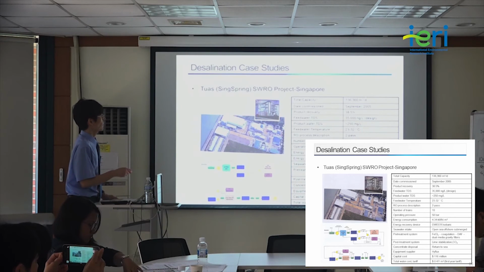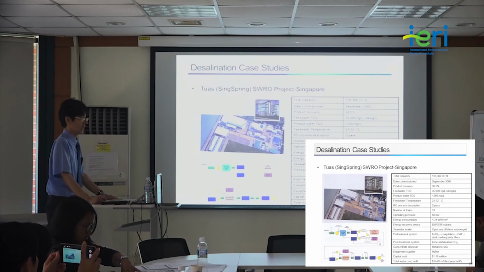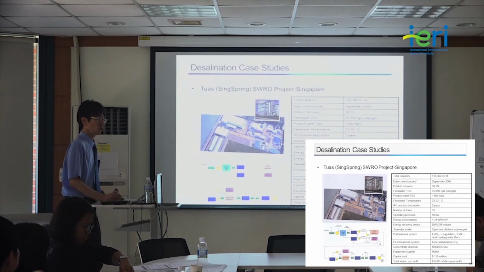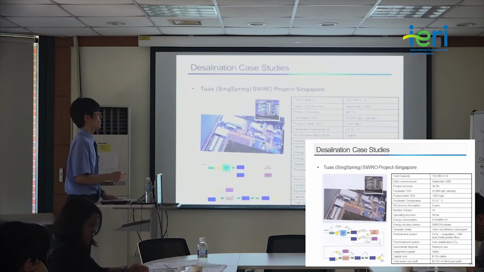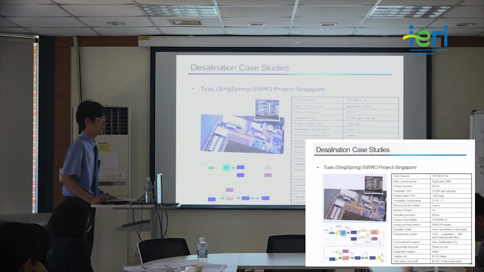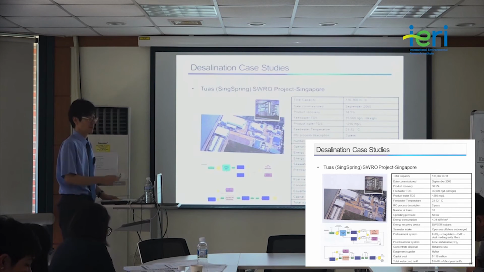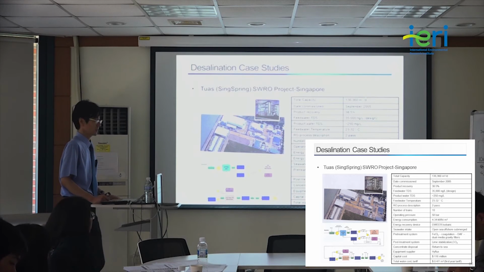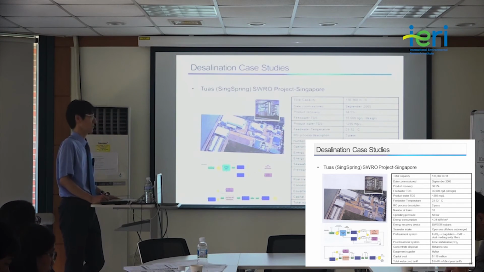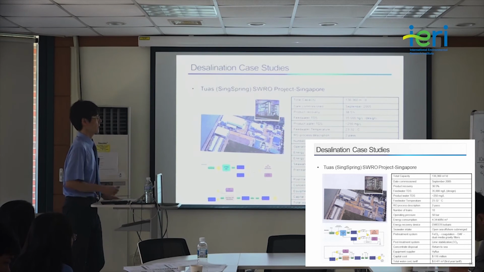And the operating pressure was lower than the previous case due to the lower osmotic pressure. But energy consumption was slightly higher than the previous case, and this is probably because the size of the pump and other aspects were not properly optimized, although they share the same energy recovery device.